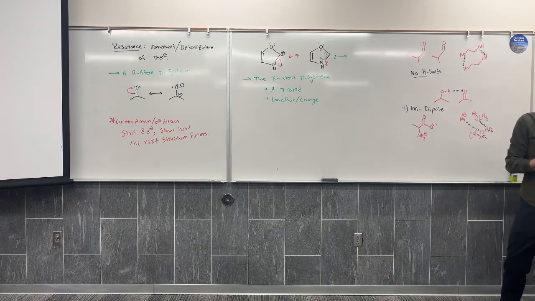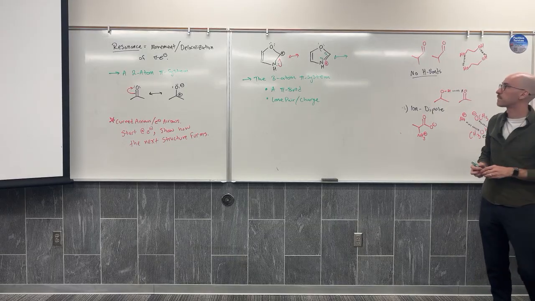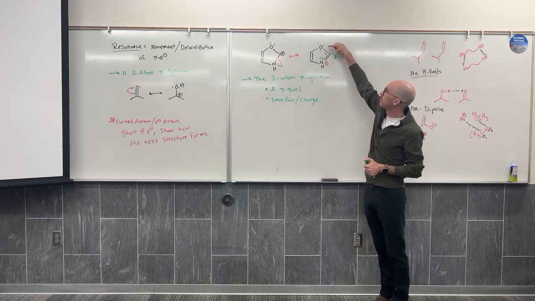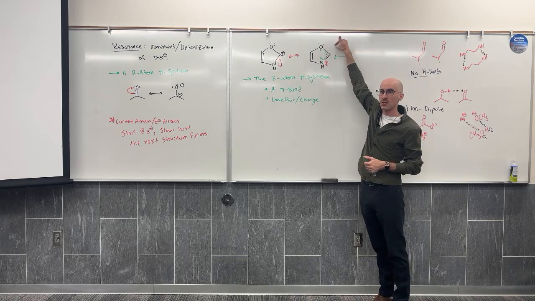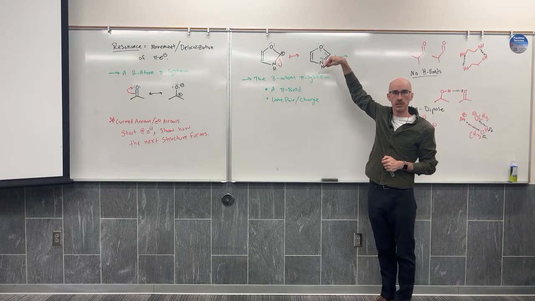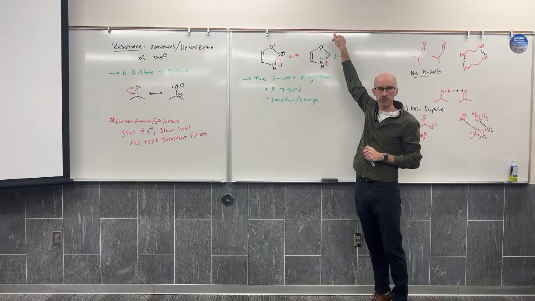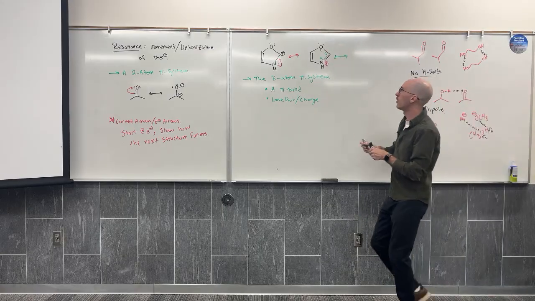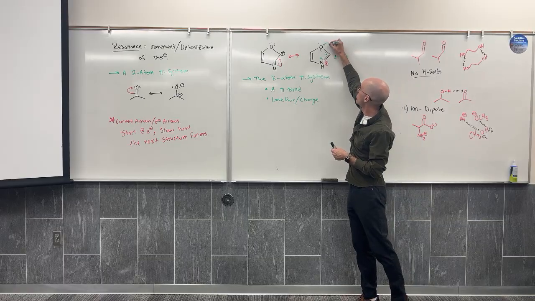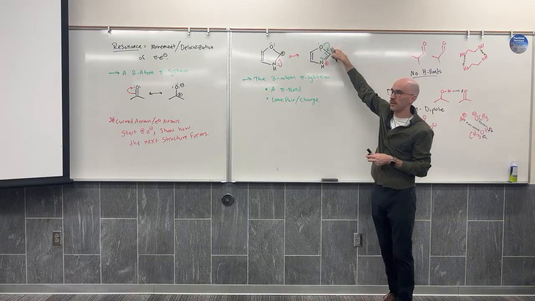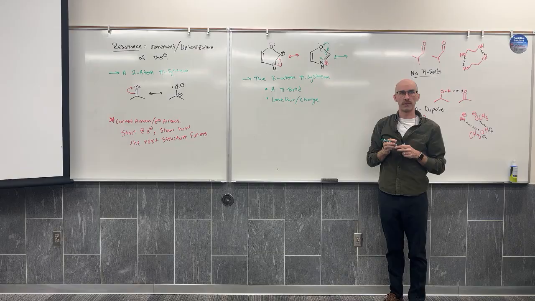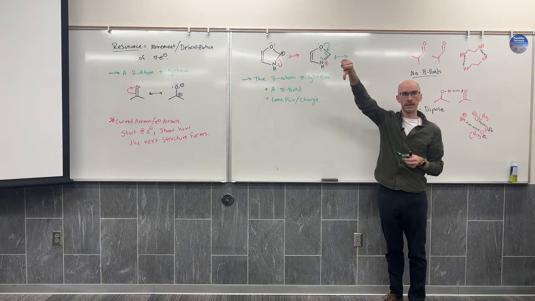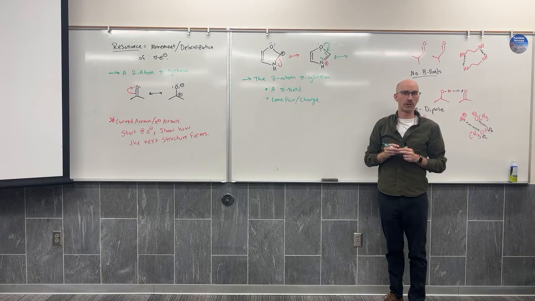What we can see in the 3-atom system is we can push electron density towards a positive charge or push electron density away from a negative charge. So what we'll show is oxygen donating its lone pair to form a double bond with carbon. Bad news, that carbon already has an octet.